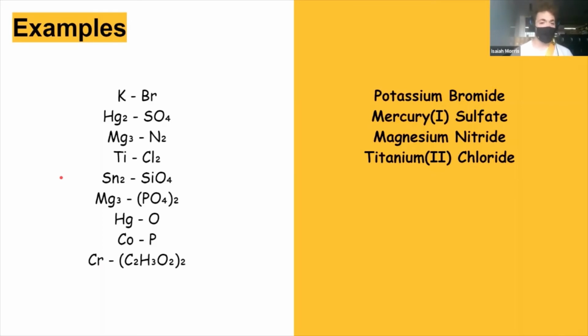That was our mistake. But we'll go forward, revealing it is tin(II) silicate. That SiO4 is a silicon polyatomic ion, and Sn corresponds to the element of tin. All right, let's go on to the next one.